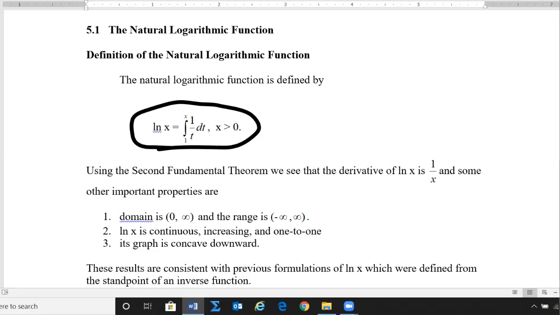It's concave downward, that's not so obvious, but if you take a second derivative, you get minus 1 over x squared, which is negative for positive x, which means it's concave downward. So a couple of these ideas follow from the derivative. It's 1 to 1. You can see that one because it's always increasing.